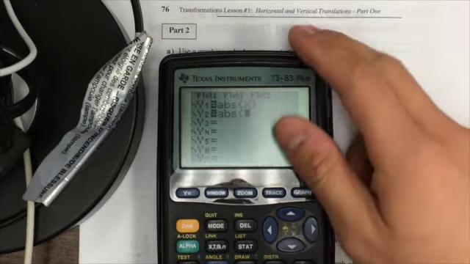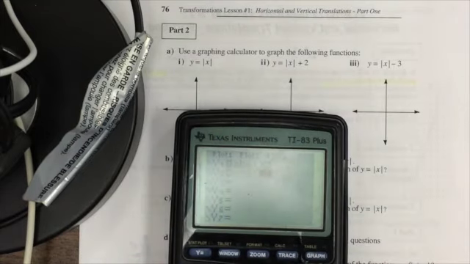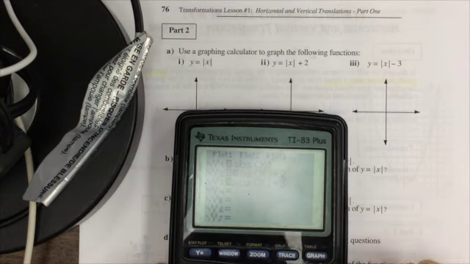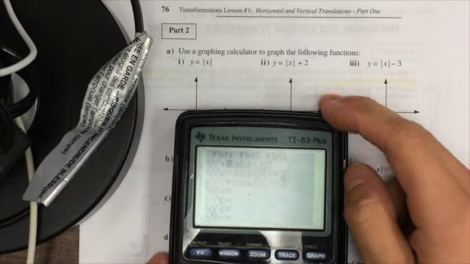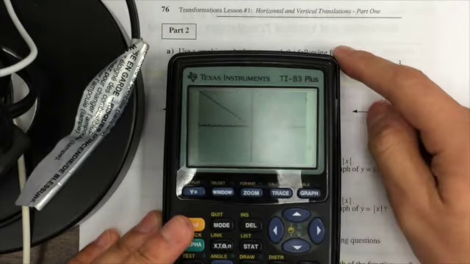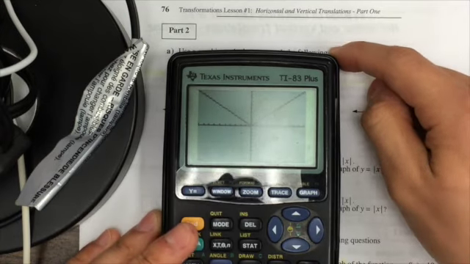It's a good time to pause the video and make a prediction of what you think is going to occur when we have these operations acting on our function. Okay, so I'm going to graph just the first one to begin with, and then I'll add the other ones in there.